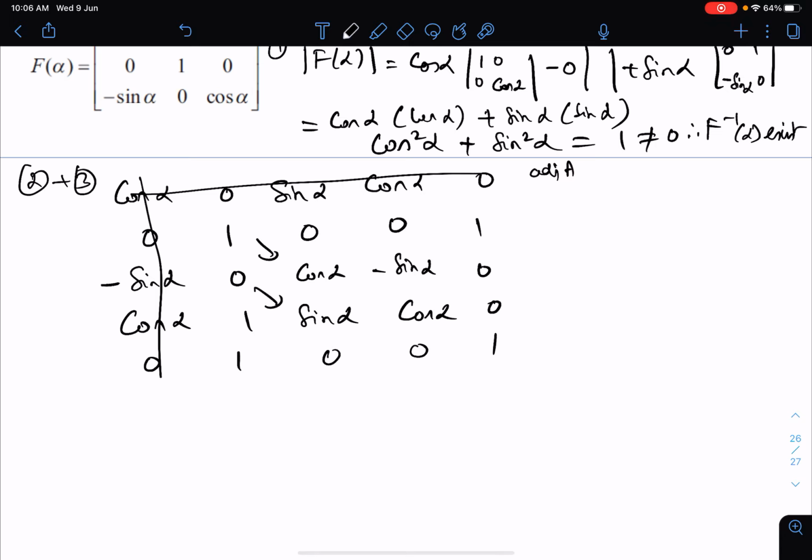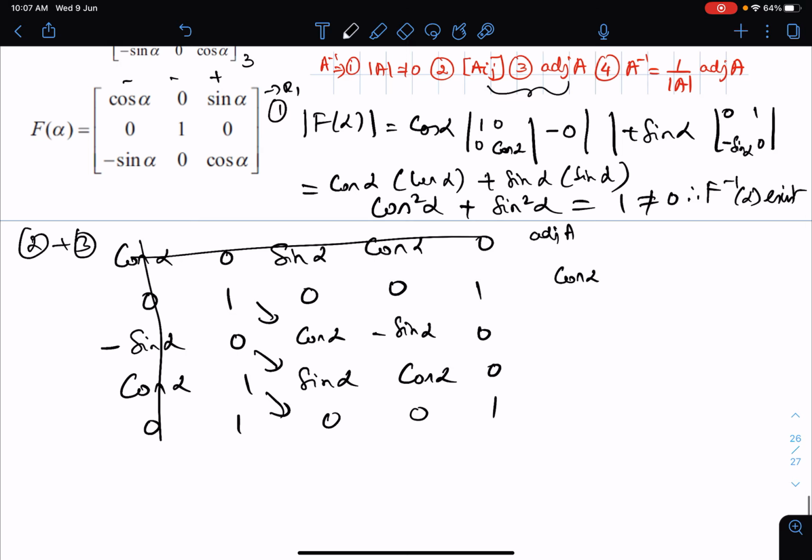Multiply column wise and write it row wise. So your first element is going to be our cos alpha, second one is going to be 0, then minus cos alpha. Is it minus cos alpha? It's going to be 0, isn't it? Something is going wrong here. Let me check it out once again. Cos alpha 0 sin alpha 0 1 0 minus sin alpha 0 cos alpha.